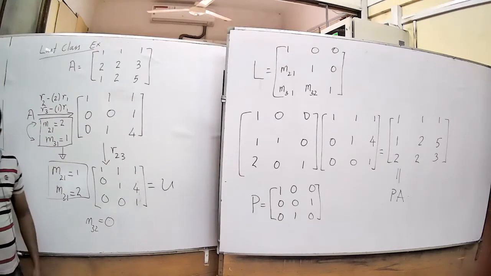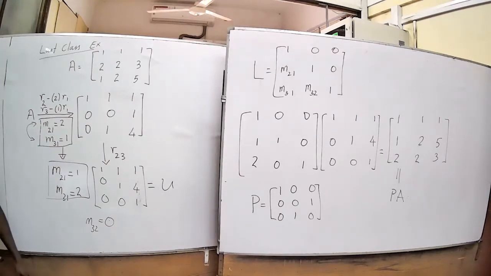So this is the correction. You go back and correct it in the previous notes. So here we see that PA is equal to LU, and then we have seen how to solve the problem in another example. So now you know that.